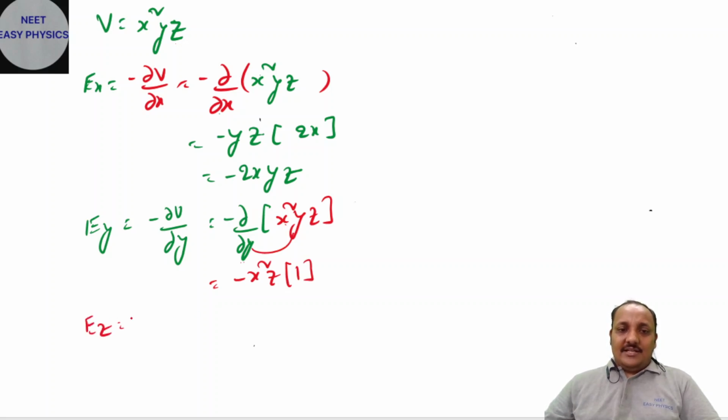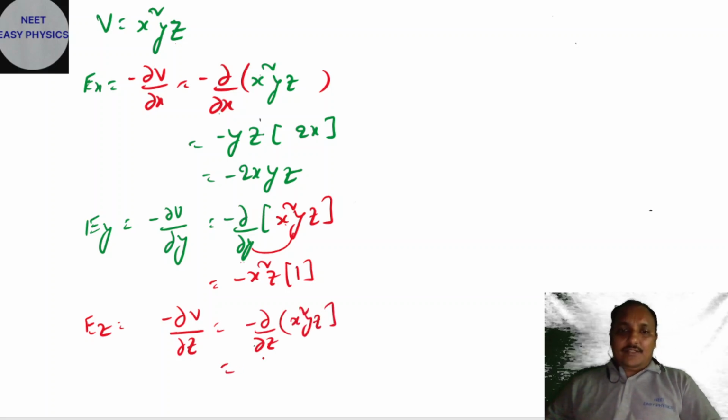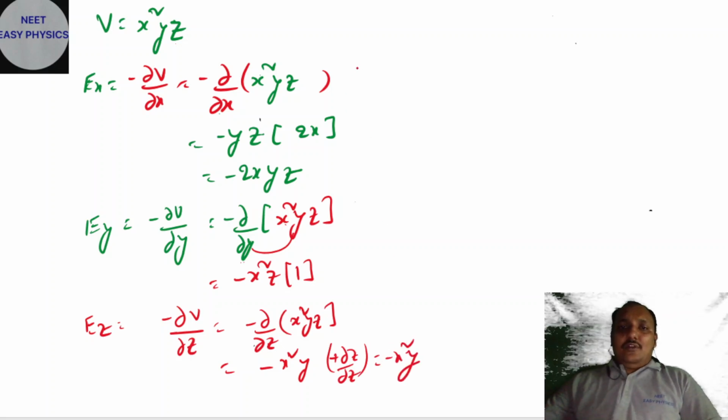Like that Ez is minus dou V by dou z, minus dou by dou z of x square yz. x square y is common, dou z by dou z is 1, therefore minus x square y. So now after getting this, E bar is equal to, what is Ex? Minus 2xyz. What is Ey?